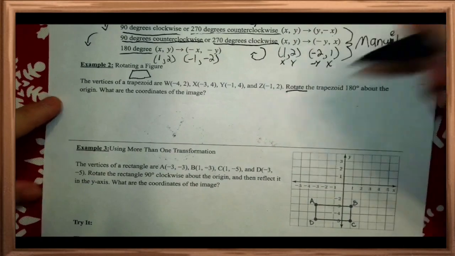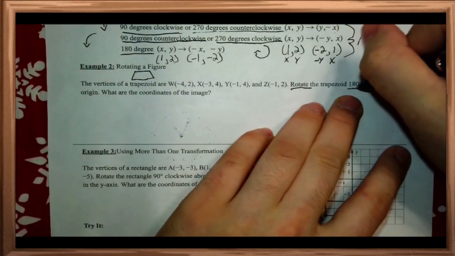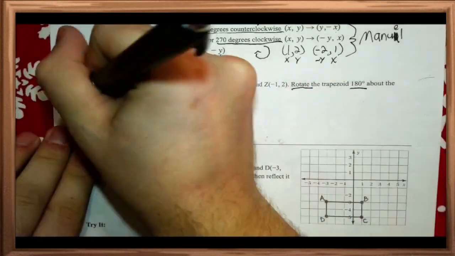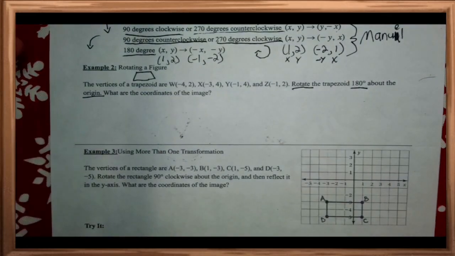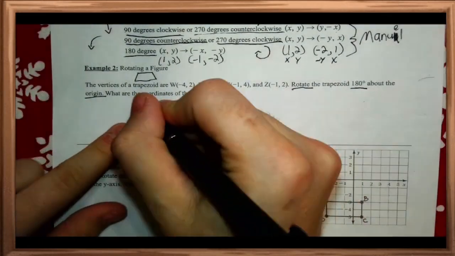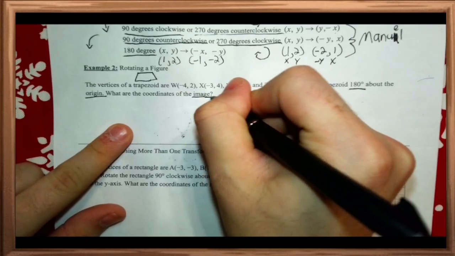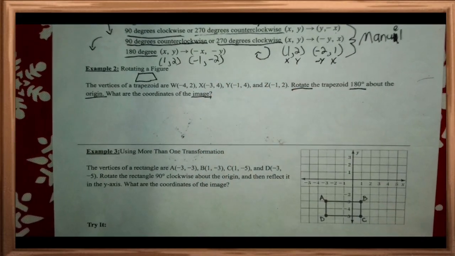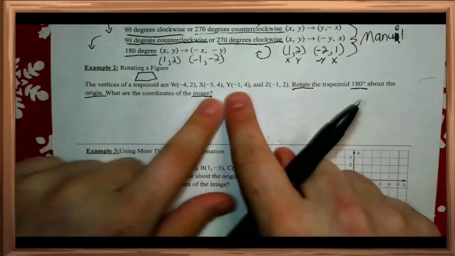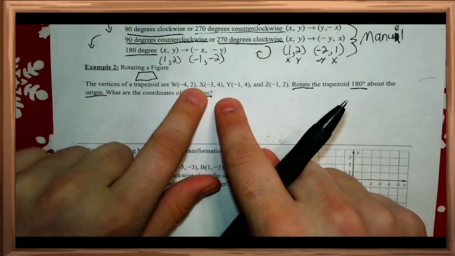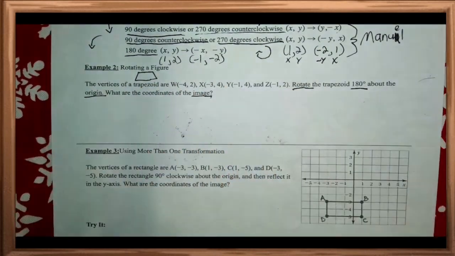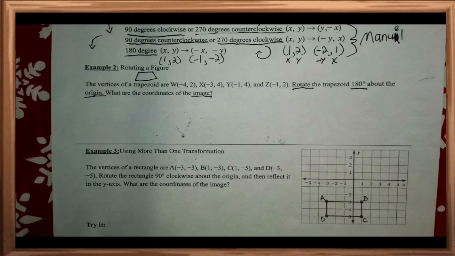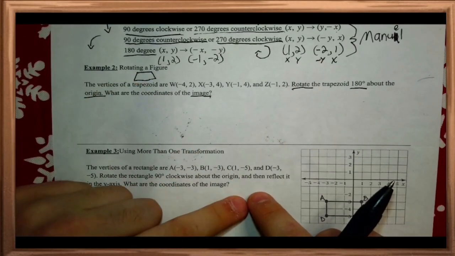Rotate 180 degrees around the origin, like we've done before. What are the coordinates of the image? In other words, what are the new w prime, x prime, y prime, z prime? What are the new coordinates when I rotate this trapezoid?